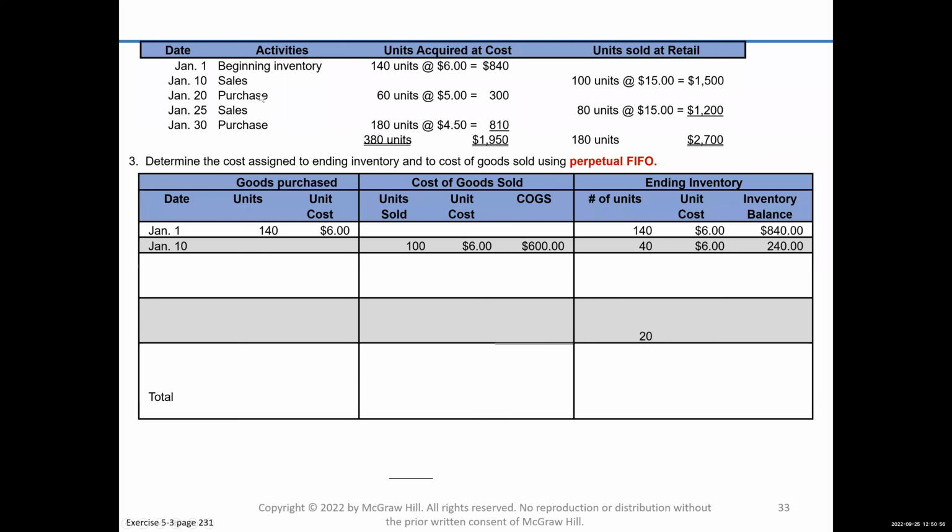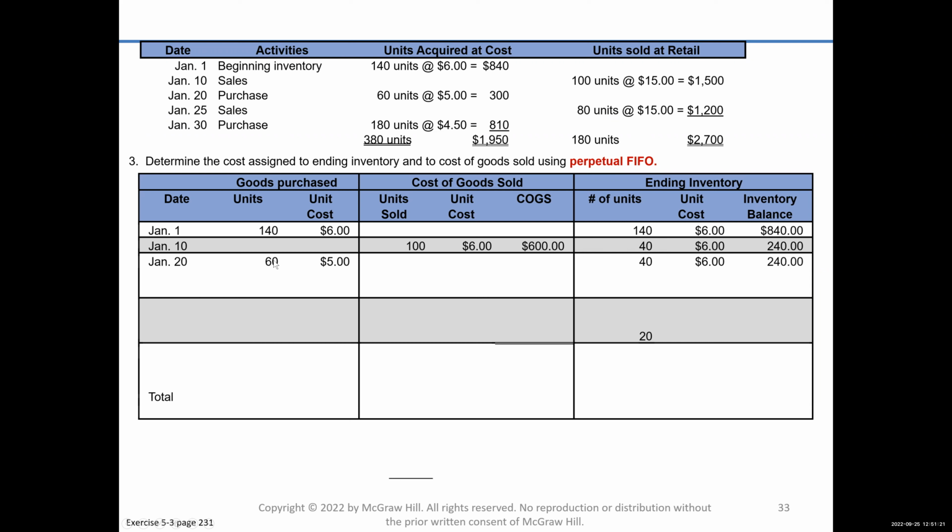Here we go. On January 10, we purchased 60 at a cost of $5. So let's go ahead and add the layer. Now, what we're going to do is bring this layer, 40 at $6, down first.